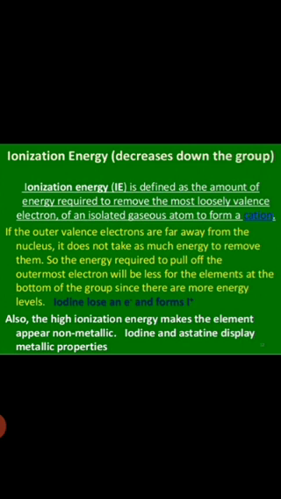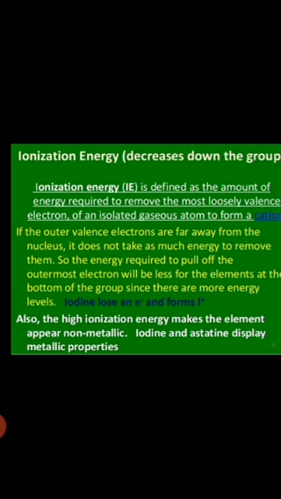So iodine loses an electron and forms I positive, right, students? So as we move down the group, due to increase in size, the magnitude of ionization enthalpy is going to decrease. So the high ionization enthalpy makes the element appear non-metallic. Iodine and astatine display the metallic property, right? So ionization enthalpy decreases down the group.